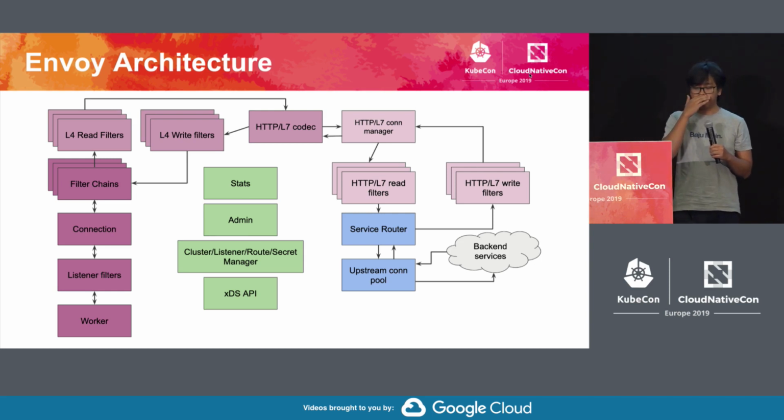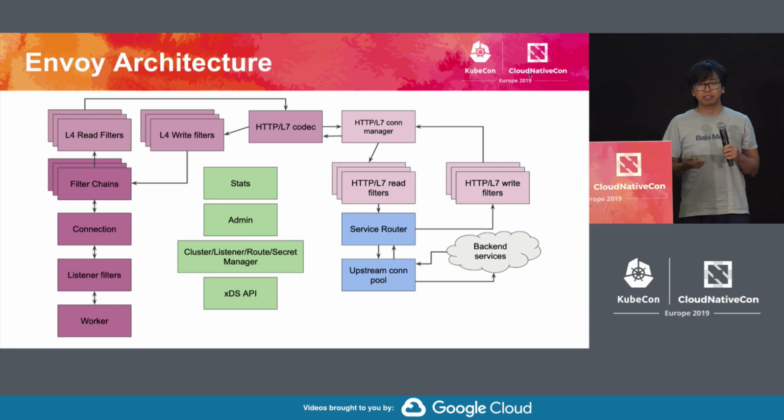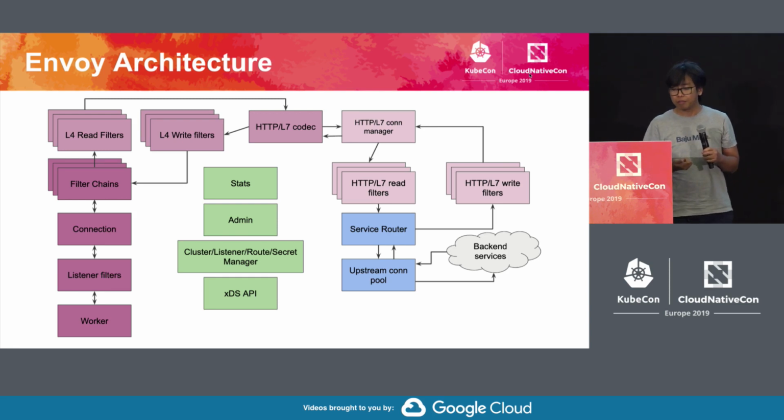And here, the L7 itself is built as network filters on top of L4 filters. So you can have L7 filters like HTTP or Thrift or MySQL. Right now we have MySQL, but it's only a read filter.